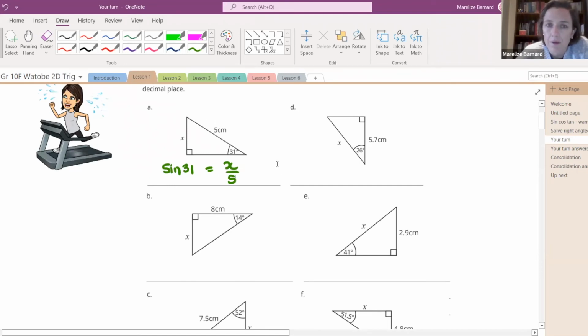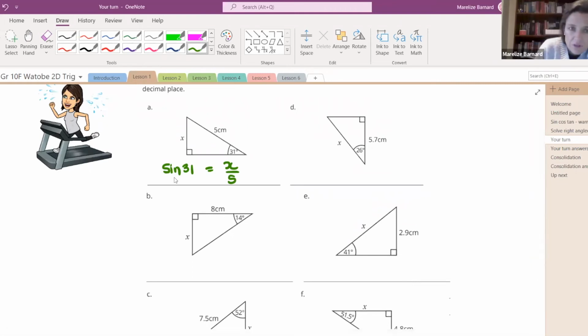Okay, no problem. I actually switched them. Instead of saying x over 5, I said 5 over x. Yeah, you must be careful not to do that, because sine is opposite over hypotenuse.